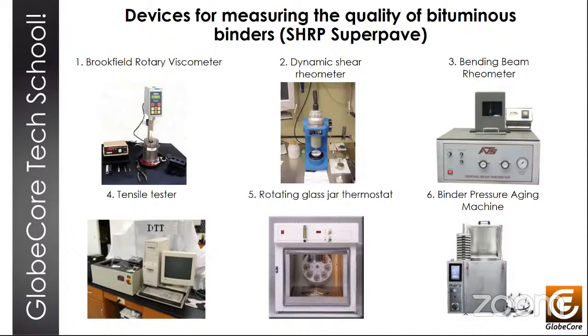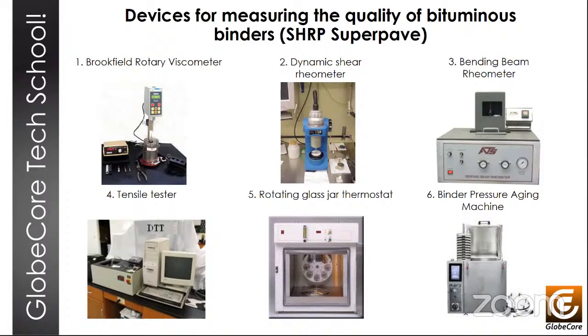At a pressure of just over 2 MPa in the aging chamber, this pressure is created by compressed air in the chamber. The temperature is set in the range from 90 to 110 degrees with an accuracy of plus or minus 0.5 degrees centigrade.